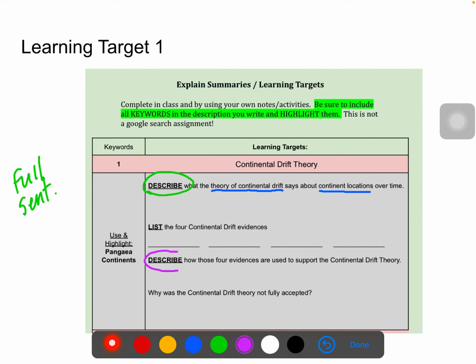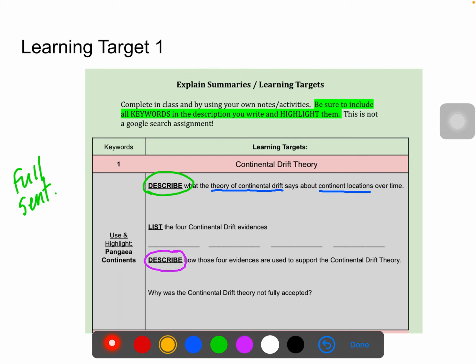Same thing down here, another describe how those 4 evidences are used. So again, pulling the question into the answer. 4 evidences for continental drift support the theory because what do we do with the evidence? How are they used in the theory?